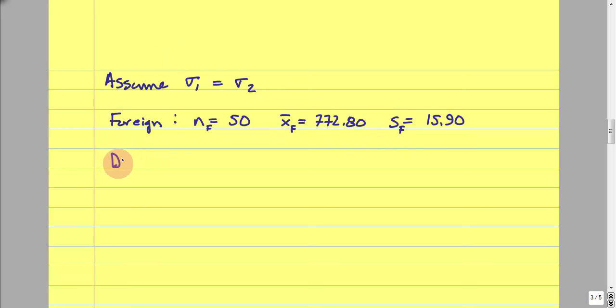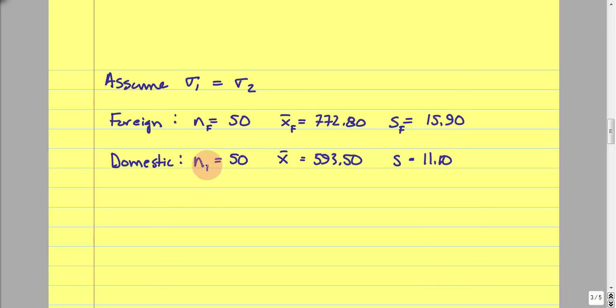Now we also have domestic. For domestic, my sample size in this particular case, let's say, was 50, and the average car payment for the 50 randomly selected people who own domestic cars is $593.50 per month, and the standard deviation is $11.10.